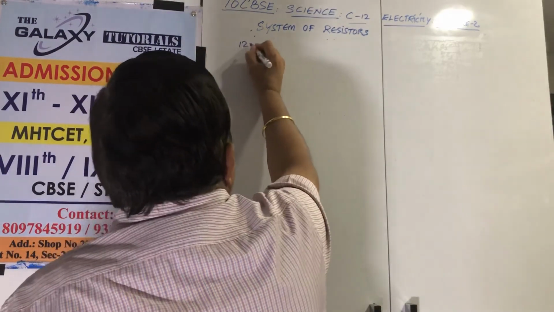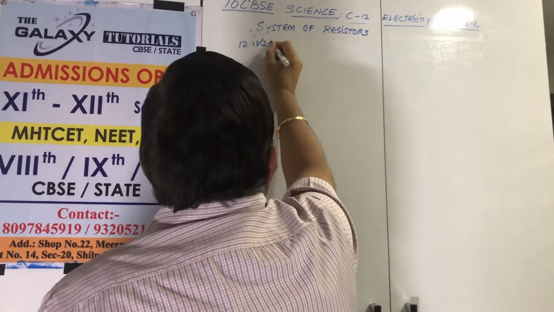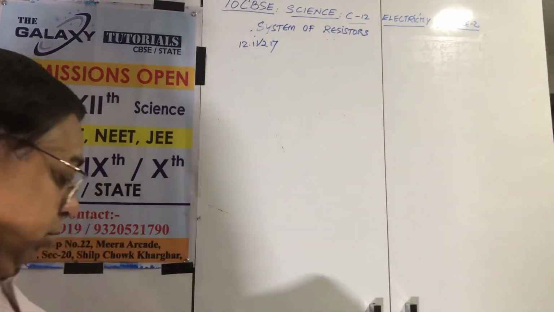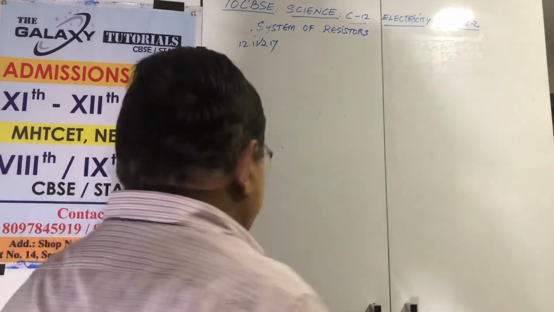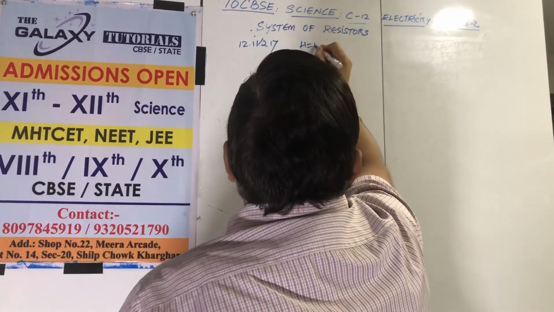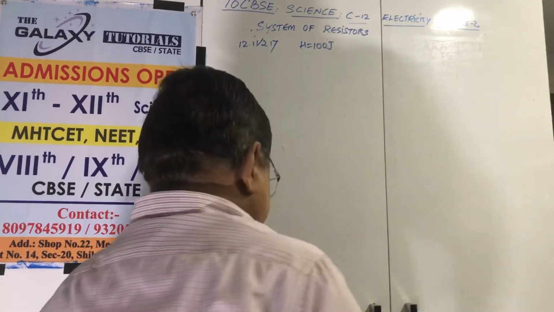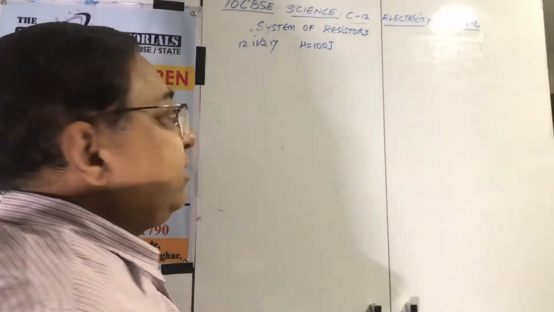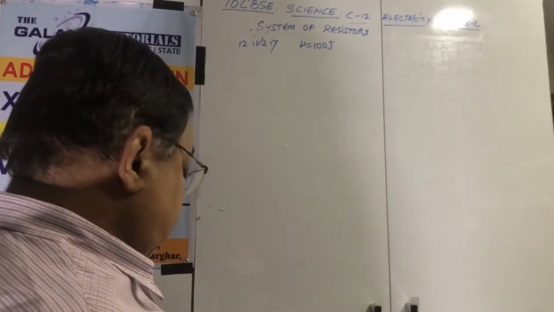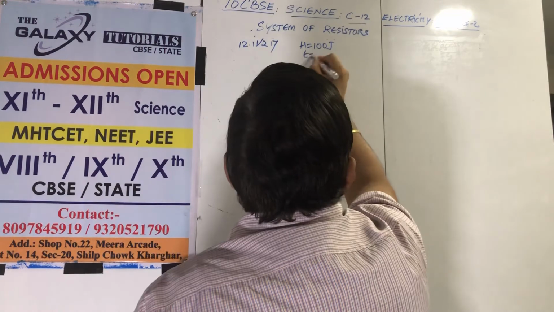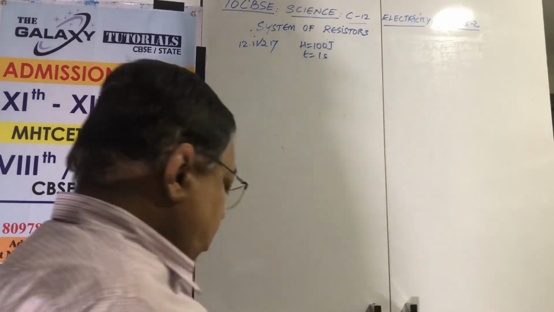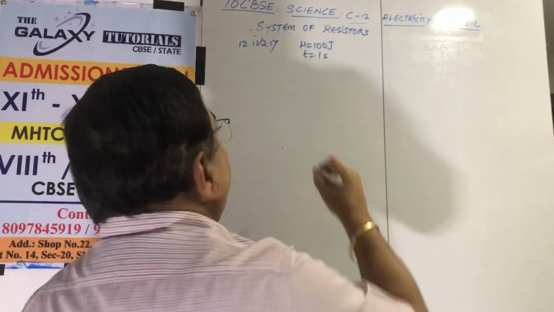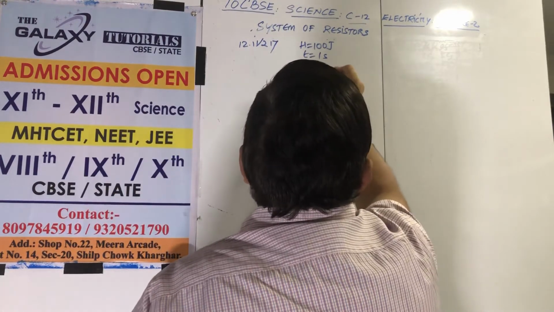Question 12.11 on page number 217 of your textbook. 100 joules of heat is produced each second, so time is 1 second, in a 4 ohm resistance.